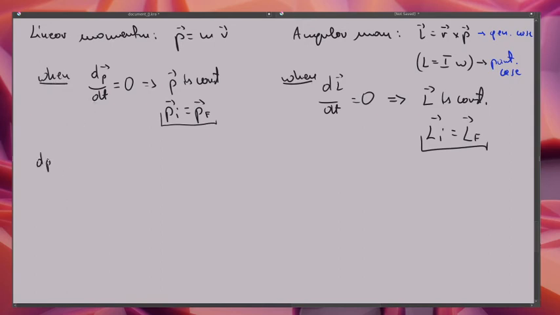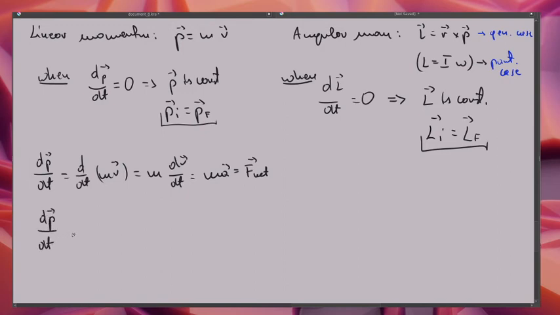So dp dt would be d dt of mv, and that of course gives me m dv dt, and that of course gives me ma, and that of course gives me F net. So what I can write is that dp dt equals F net.